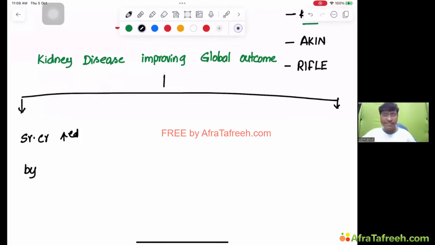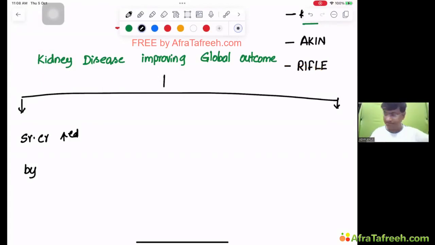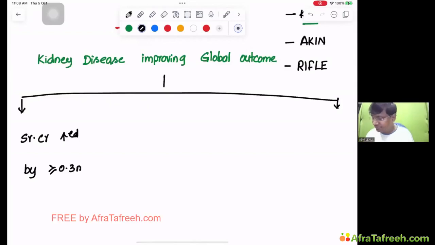Yeah, it is around 0.8 to 1.2. Right, 0.8 to 1.2. And based on the serum creatinine, the definition of the KDIGO was given. That is, an increase in serum creatinine by more than 0.3 milligrams per deciliter within 48 hours.